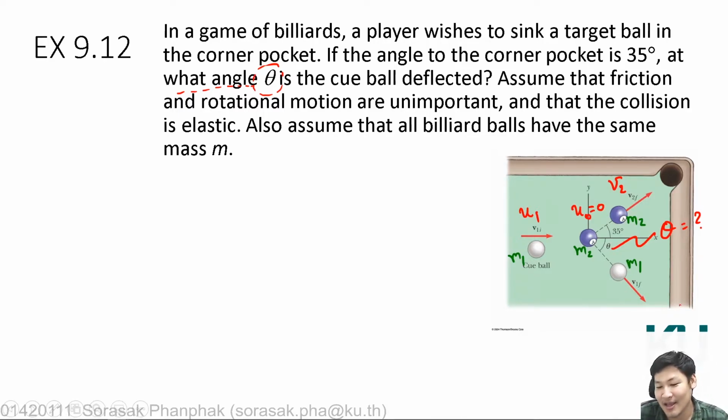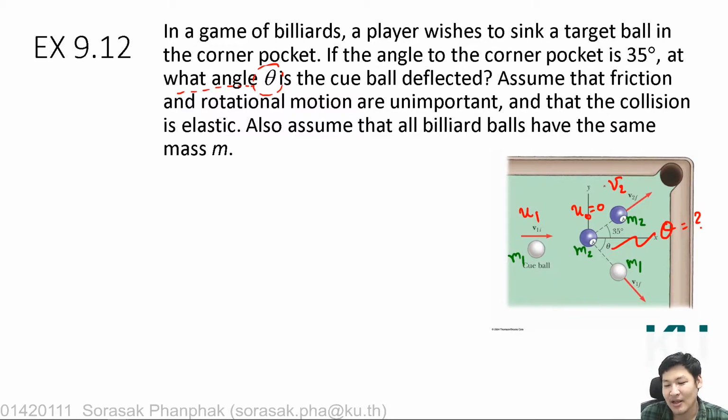Because if the black ball gets into the hole and this one gets into another hole, the game is not going to end. You're going to get some deficit point from this play. That is how you break the rules of billiards.